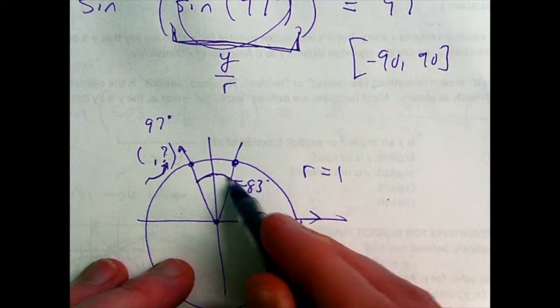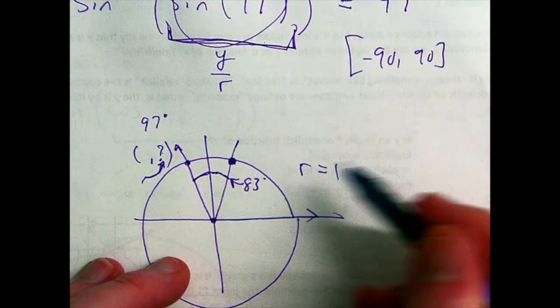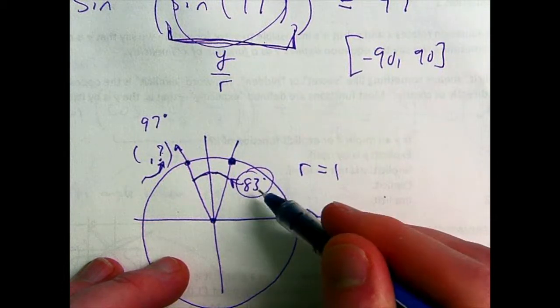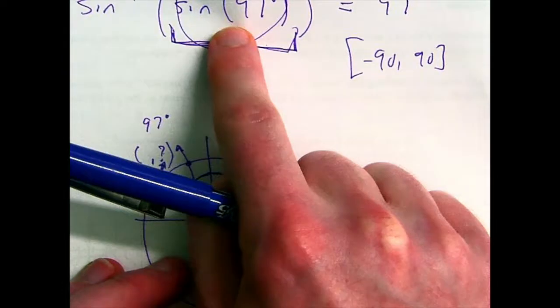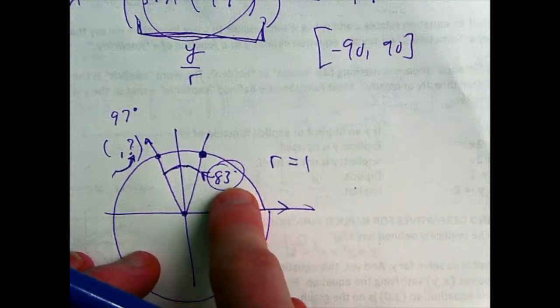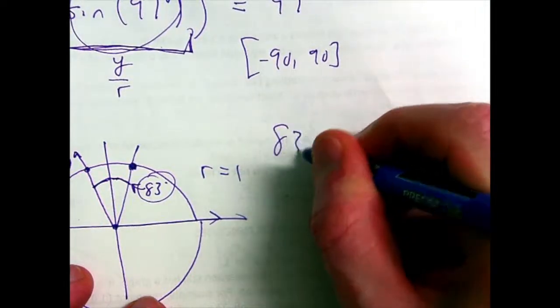If you did 7 degrees less than 90, that would have the same y-coordinate. So this angle, 83 degrees, has the sine that I want, and it has the advantage of being inside the restricted range. So the correct answer is 83 degrees.